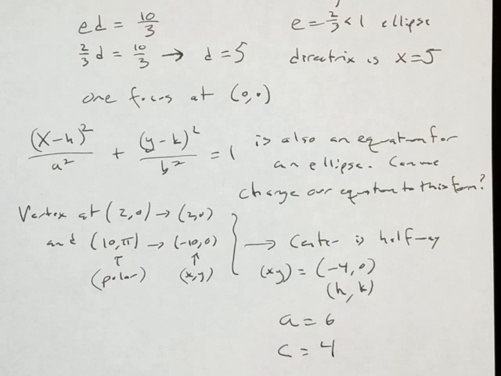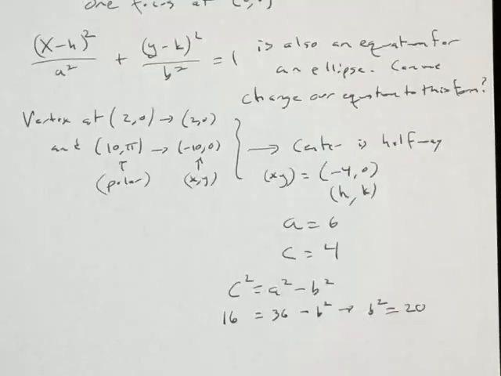How do I get B? There's a relationship between A and B and C. Exactly. I'm not even going to write down B. I'm just going to leave it as B squared.